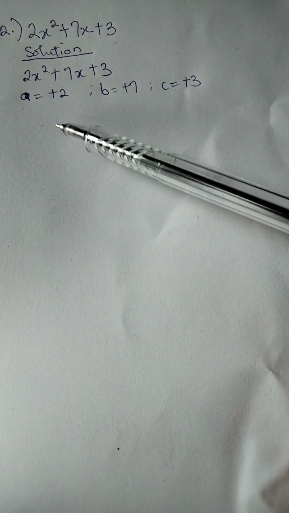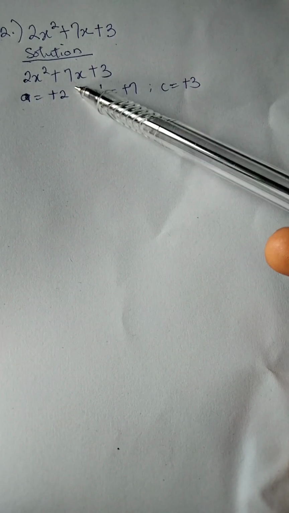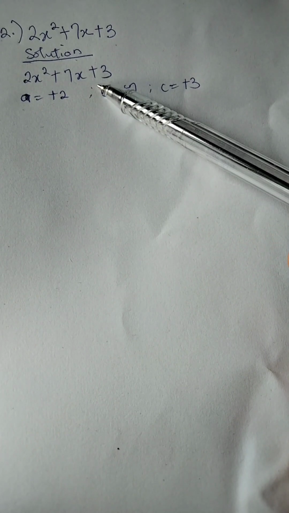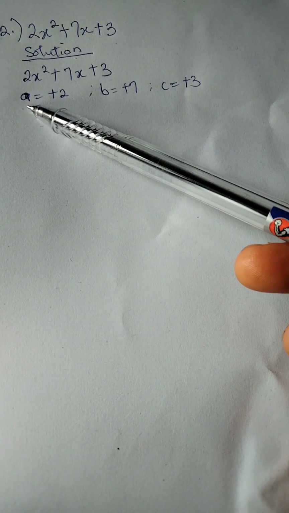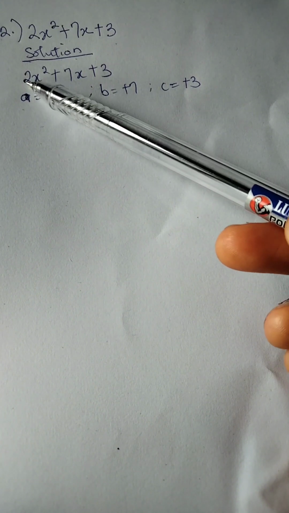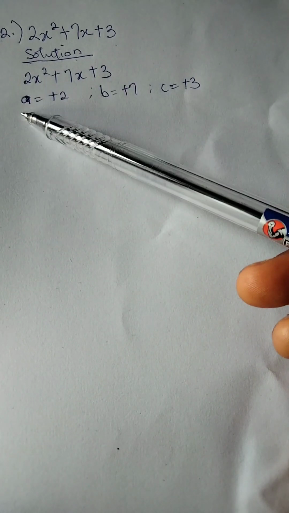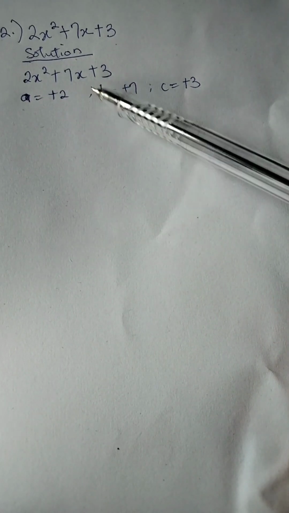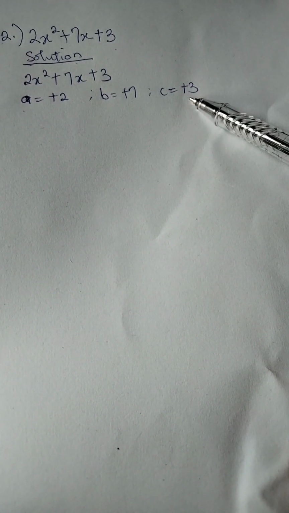Alright, so we look at the second example, which is 2x squared plus 7x plus 3. Like I said earlier, the first thing we do is identify our constants. If you compare this expression with the general form of a quadratic expression, A is plus 2, B is plus 7, and C is plus 3.